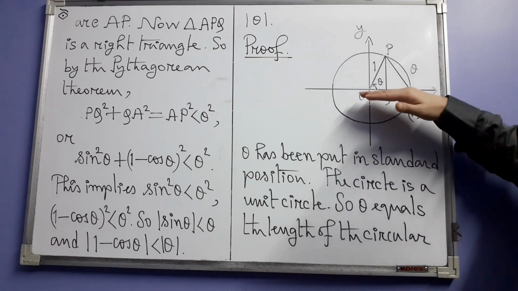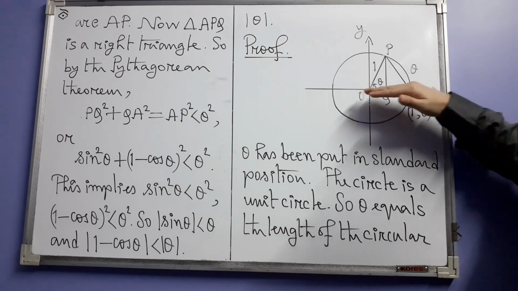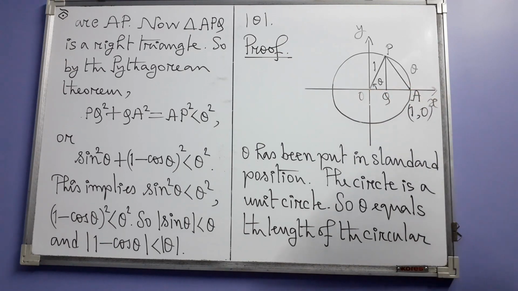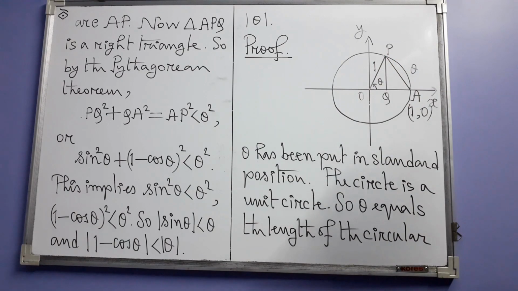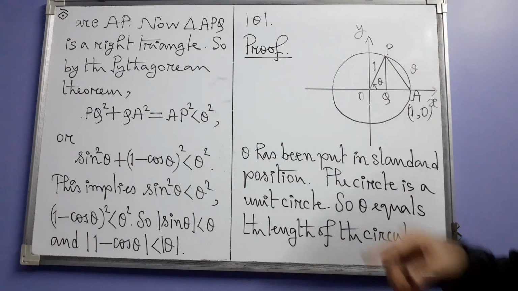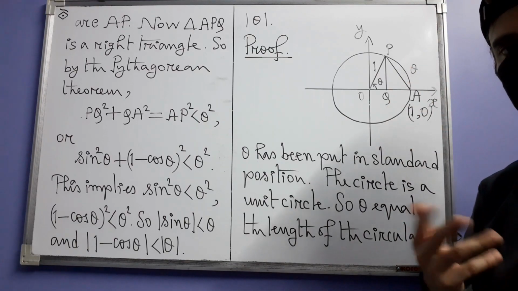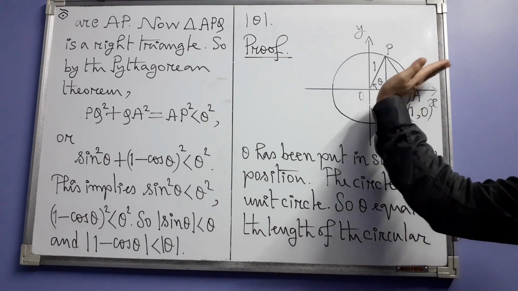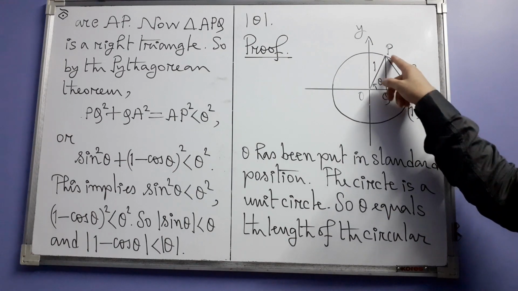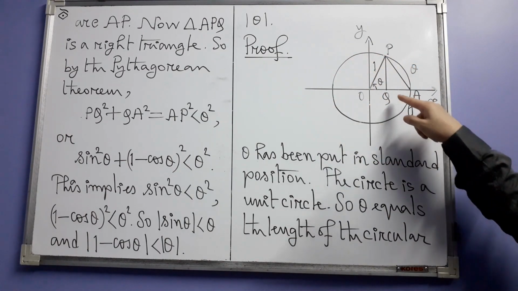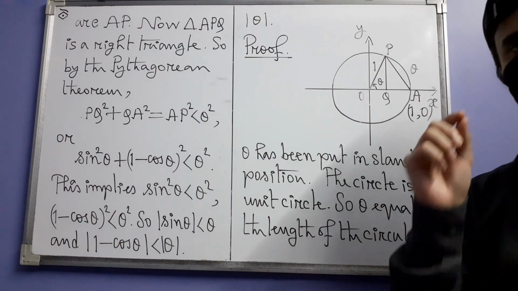That is, its initial line coincides with the non-negative x axis and the final line is say here, OP. Along OP we have the terminal line of the angle. So the angle is this much, that is theta. And the circle that you are seeing is a unit circle centered at the origin.